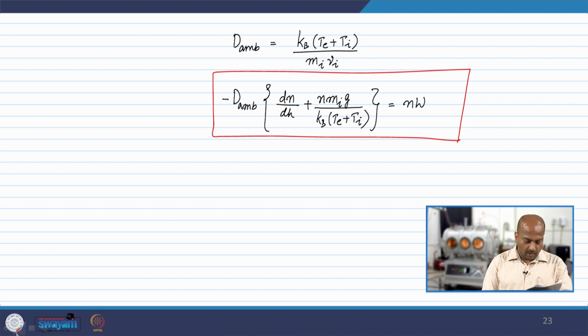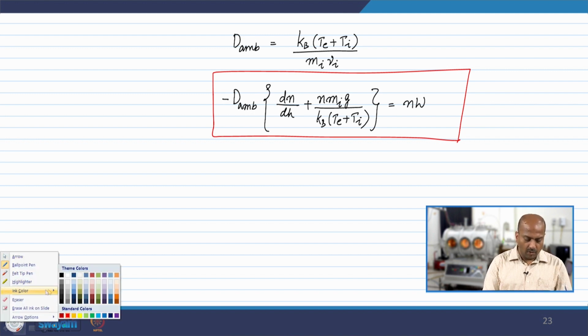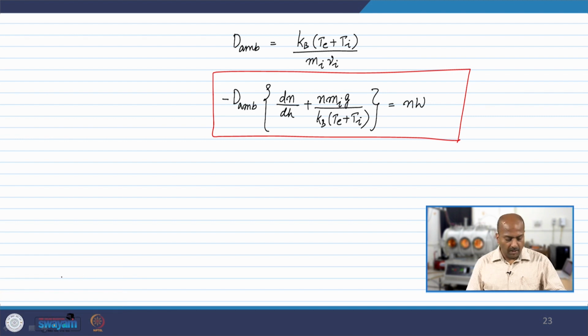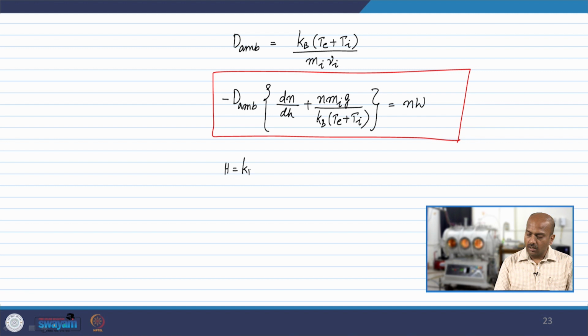Now, if you look inside the bracket, there are few terms which are already familiar to us, because we know the plasma scale height as Kb T by m g generally, right.